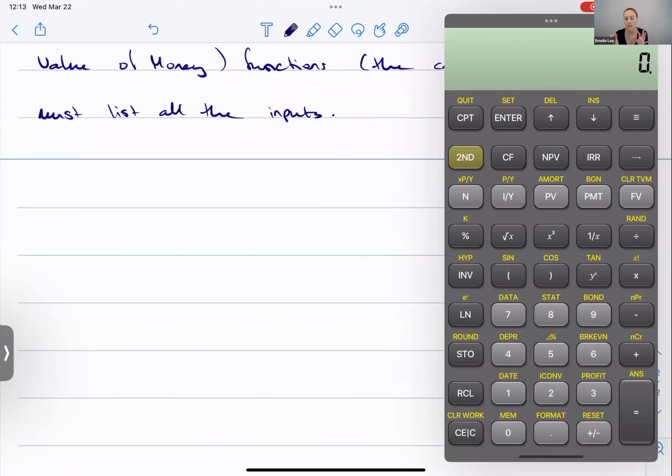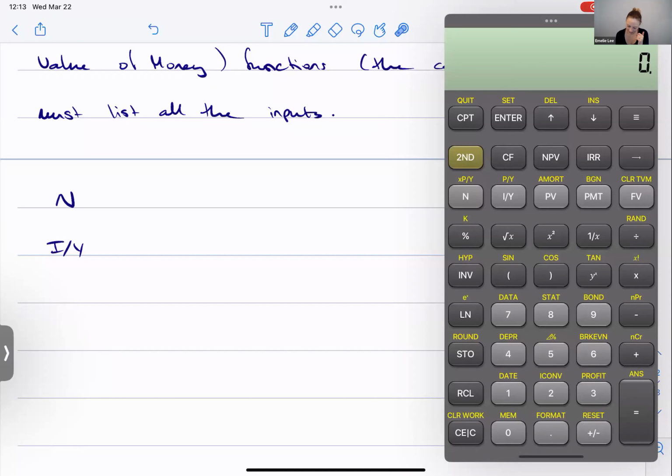But if you're showing it in your written work, then I want them in this order, because otherwise, if I'm reading things too quickly, I might miss something. So make sure you use this order. I'm just moving across the buttons on the calculator: N, interest per year, present value, PMT, and the future value.